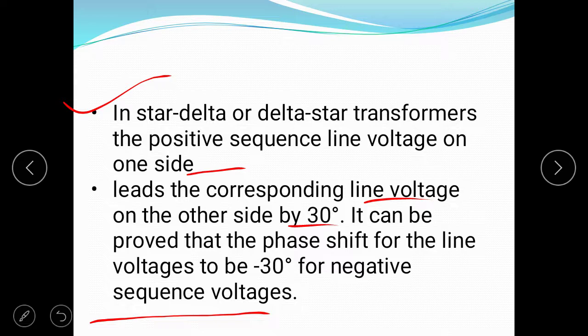So the phase angle difference between positive sequence and negative sequence voltage is 60 degrees. In positive sequence the angle is plus 30 and in negative sequence the angle is minus 30.